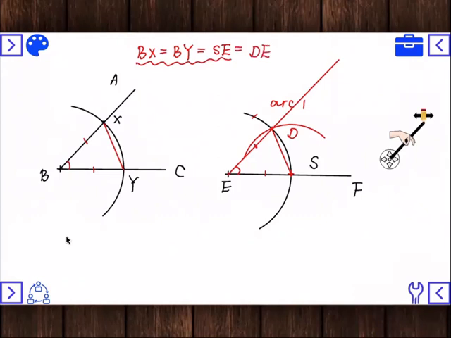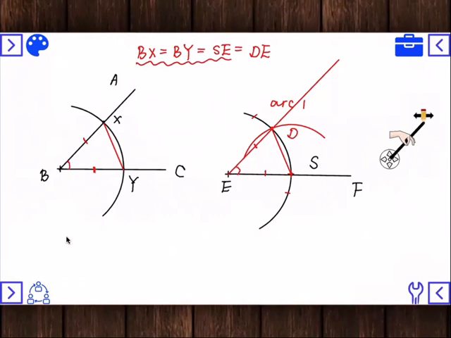Right? Because we know BX and BY are equal because they are two radii of the same arc. And then we use the same radius, the radius of BY, to draw the first arc in the second diagram, right? So we know that SE is equal to BX and BY.